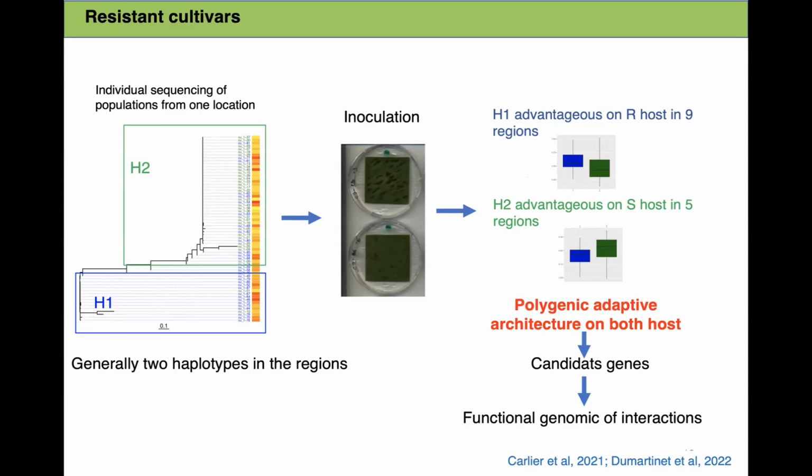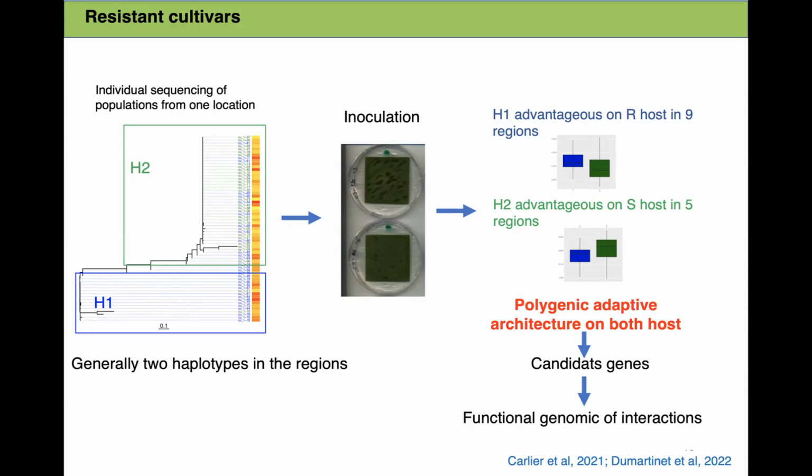By contrast, we also observed that isolates having the second haplotype, called H2, were actually advantageous, so more pathogenic on the susceptible host in 5 regions. So this experiment first confirmed that some of the regions we have detected are actually involved in host adaptation and pathogenicity.